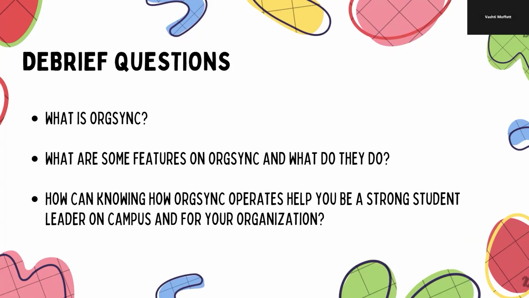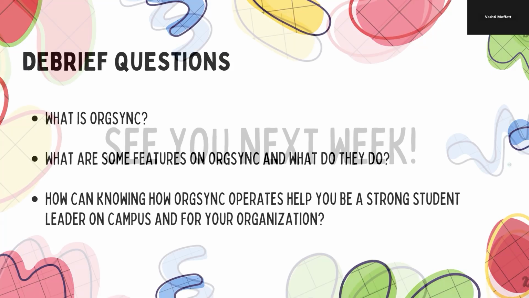We have the Forms tab, we have the Events tab, we have the Org tab, we have News. And how can knowing how OrgSync operates help you be a strong student leader on campus and for your organization? That one I'm going to leave for you to answer specifically because it will change within each student leader.